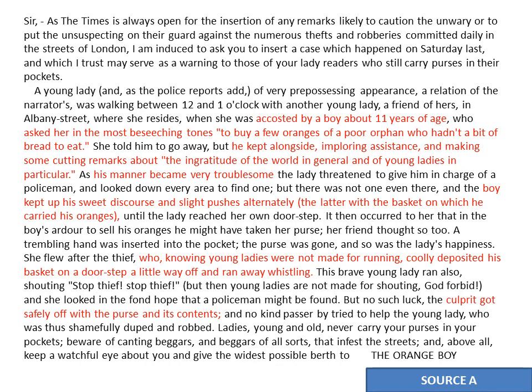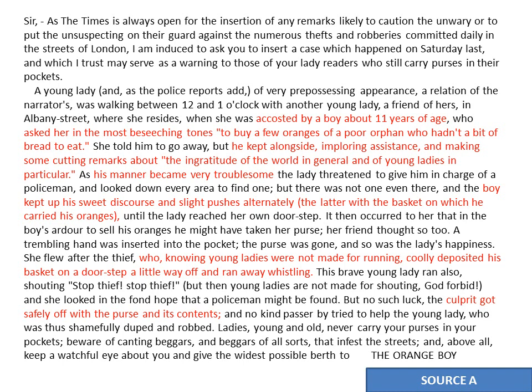Okay, so I've displayed for you here again source A, but this time in red you will see that I've highlighted all the bits that I could find that relate to how the person committing the crime is being described. So in the case of source A, it's obviously the little boy.